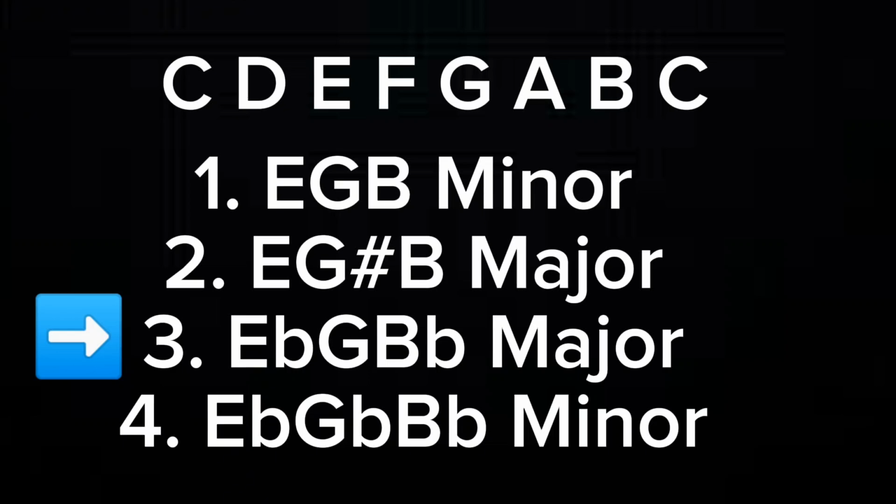All right, so we'll do C to the diatonic mediant E minor. All right, now we're going to do C to E major. Then we're going to do the chromatic mediant C to E flat major. And then we're going to do C to E flat minor.